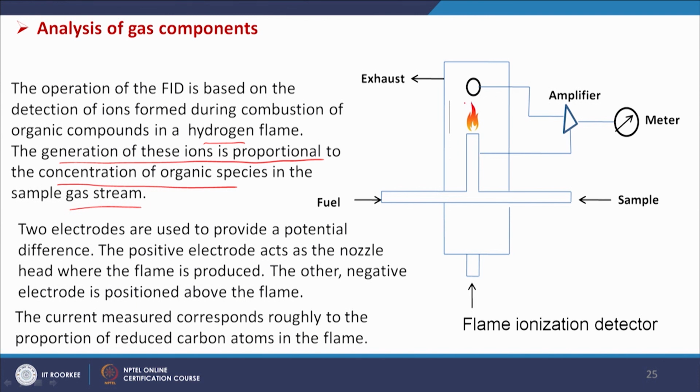The ions are generated due to the combustion, that is the flame ionization in the hydrogen flame. So, organic compounds are converted into ions, and the electricity produced is amplified and then measured, and this is proportional to the concentration of the components present. That way also we can measure the gas components present in the sample.